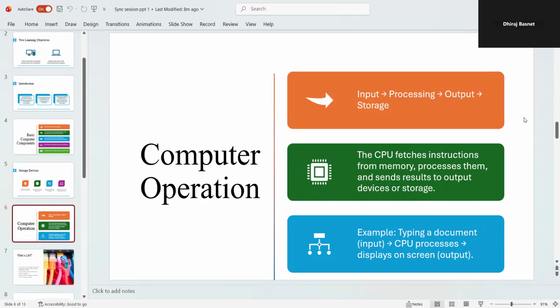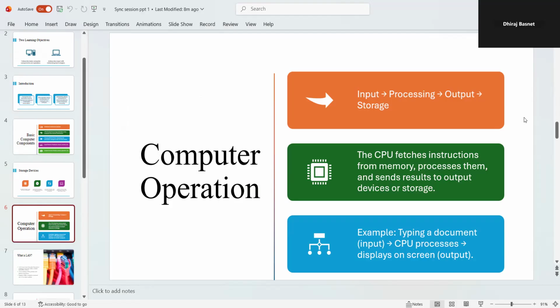In processing, the CPU interprets and executes instructions, performing calculations and logic operations. In output, the results are sent to output devices like monitors or printers.